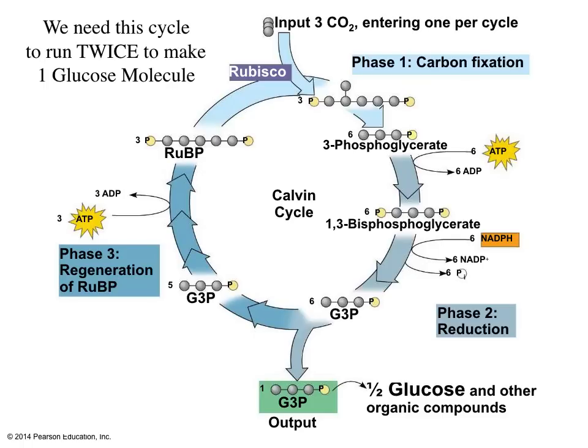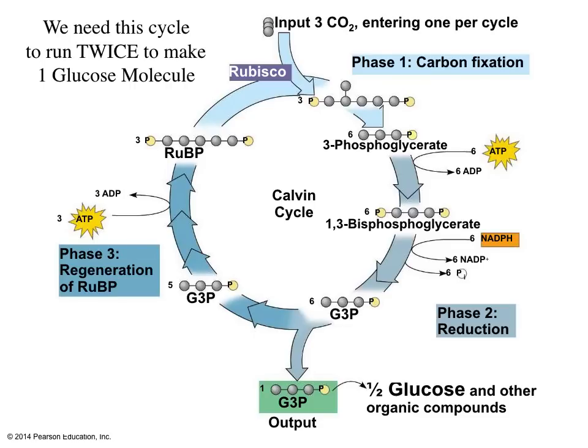On the left hand side of the cycle, there's some more ATP that enters and some leaves. This is exactly where we use ATP and NADPH as reactants, and where the products are coming out: ADP, NADP+, and inorganic phosphate.